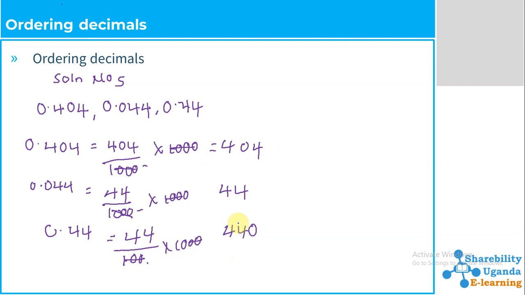Now we can say that in ascending, we shall have our smallest number as 0.044, followed by 0.404. Lastly, it's going to be 0.44.